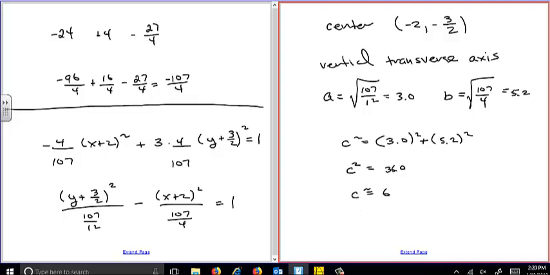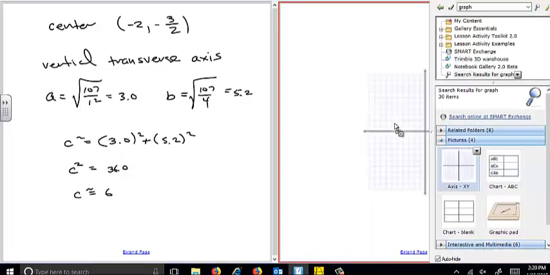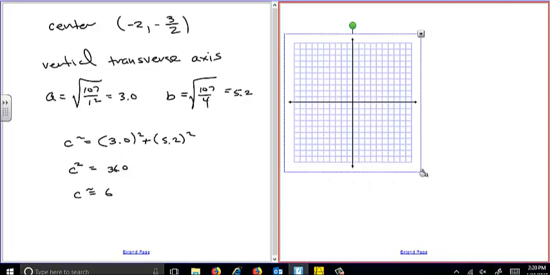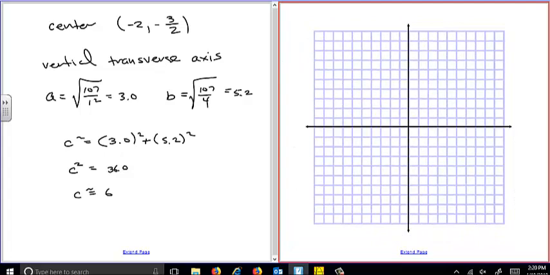So let's plot this. Okay, so the center, -2, -3/2.